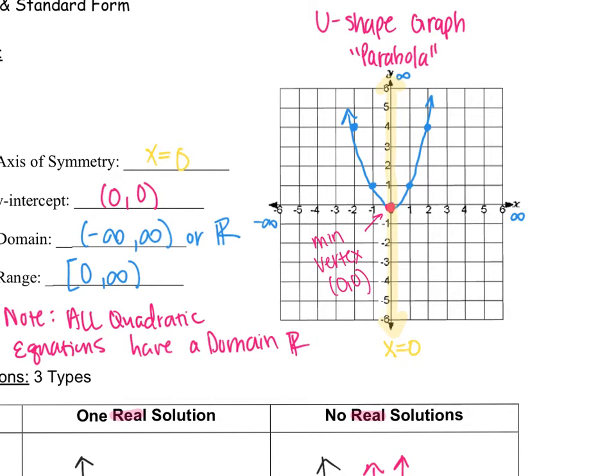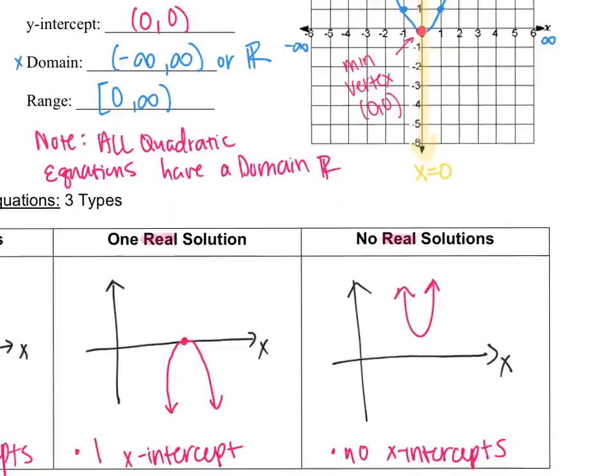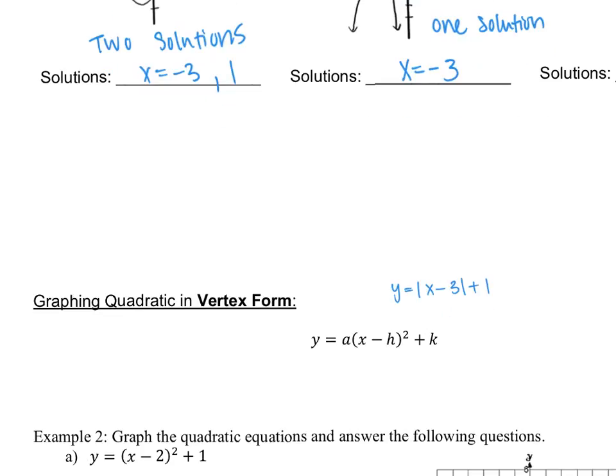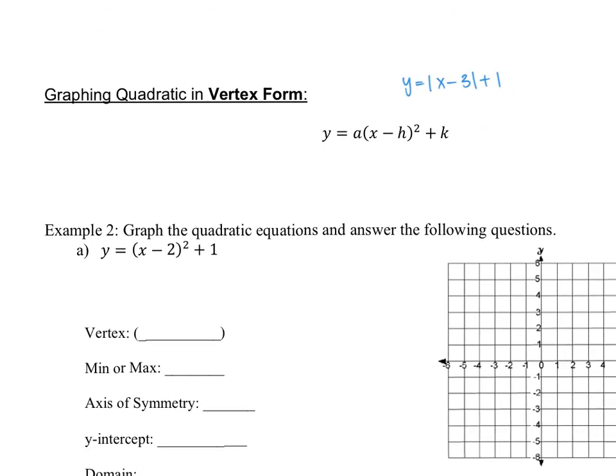Now, we consider this type of equation to be the parent function because it hasn't been shifted. It's sitting at the origin, but when you take a quadratic equation and change the numbers, like the one we can see here, adding a 2, adding a +1 on the outside, then you have shifted the original graph for quadratics. And we're going to learn how we shift those equations.